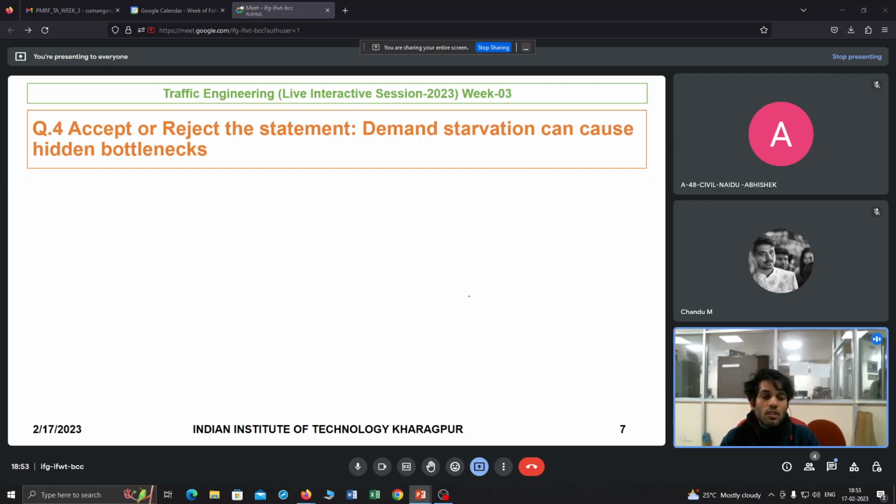Suppose there is a higher demand, but because of the lower capacity of a certain section, it is not allowing the true demand to pass, and hence fewer vehicles are flowing on the next two or three sections. That is called demand starvation. So one section is starving the demand of the following section and creating a bottleneck in the third section.